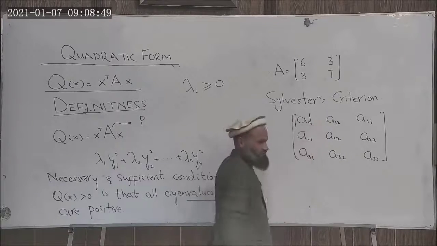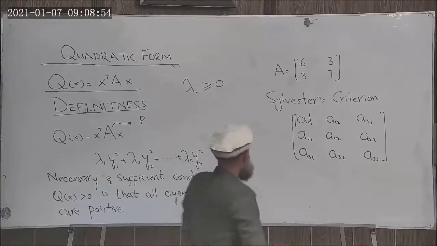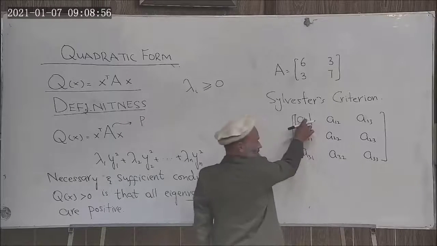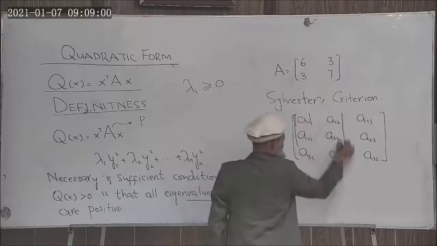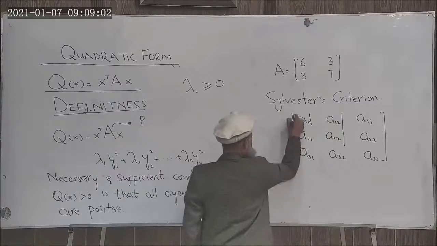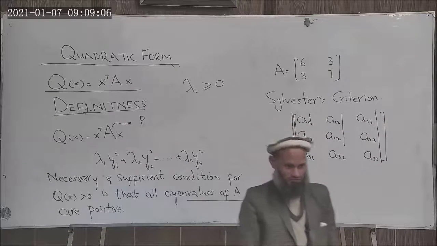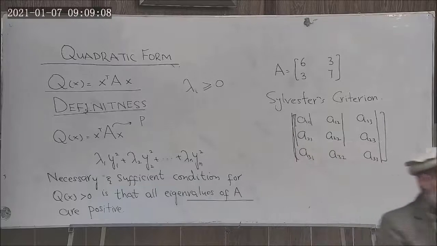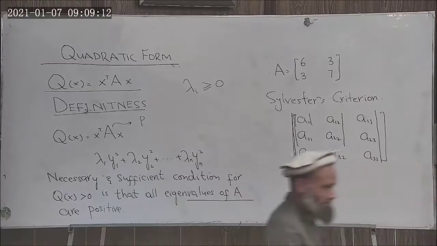The determinant of this part, and the determinant of this part, which is basically the same number, and the determinant of this complete matrix. These are the principal determinants. If all principal determinants are positive, then that matrix will be positive definite.